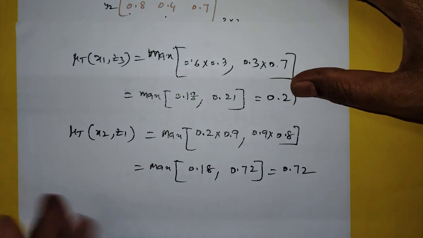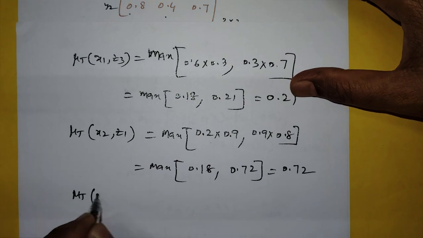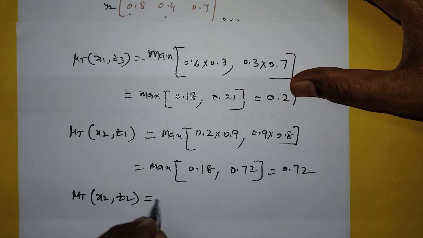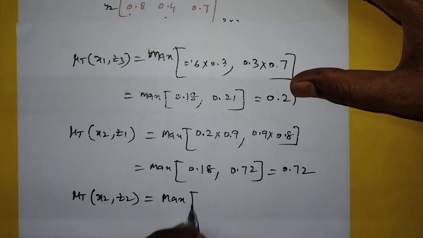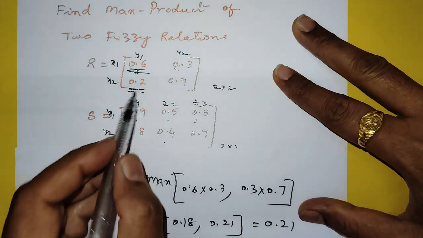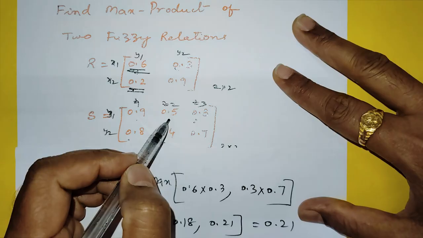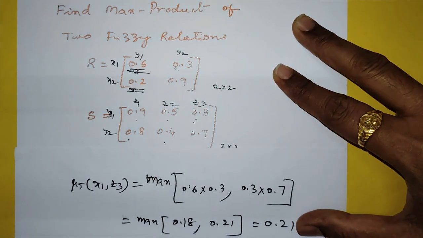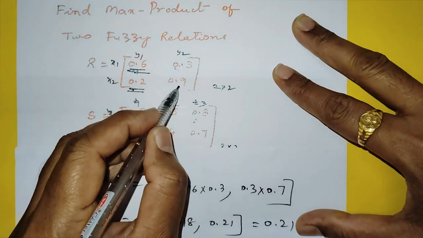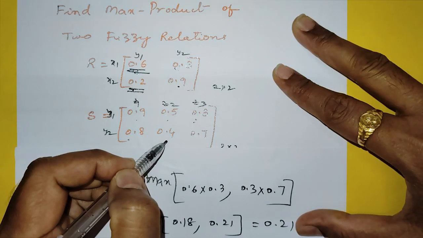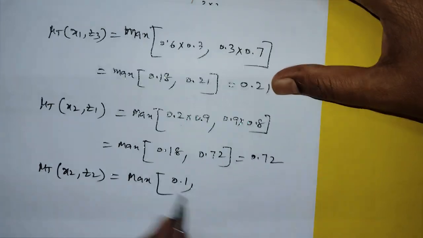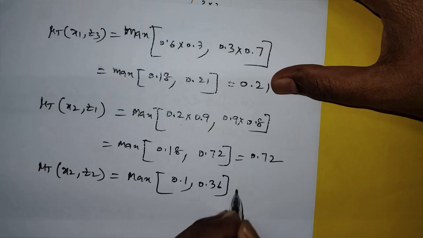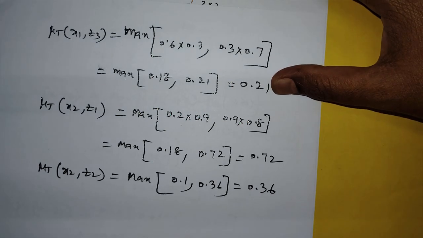Next step: similarly, if you apply the same methodology, mu t of x2 z2 is the maximum of 0.2 into 0.5, that is 0.1, and next 0.9 into 0.4, that is 0.36. What is the maximum value? That is 0.36.